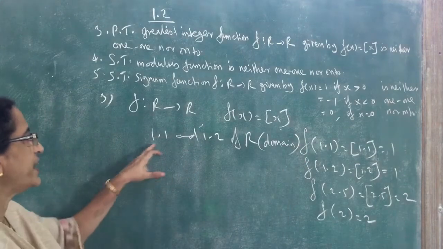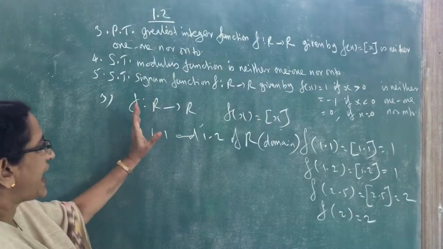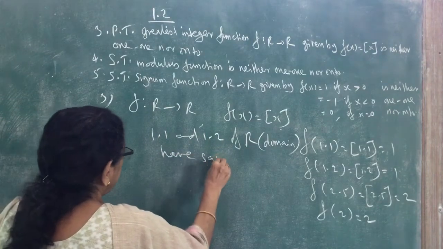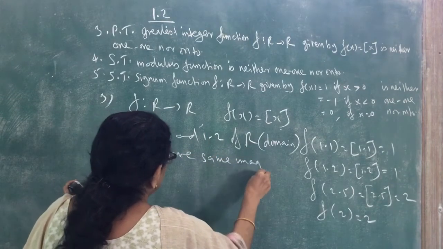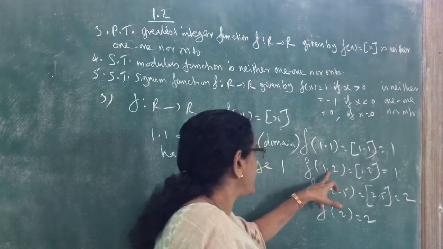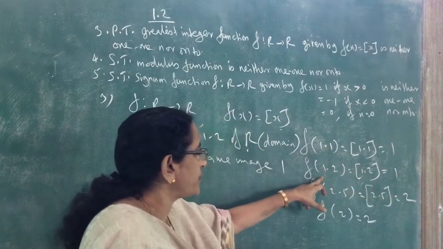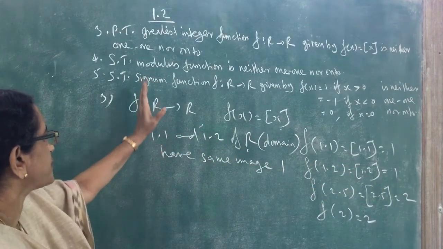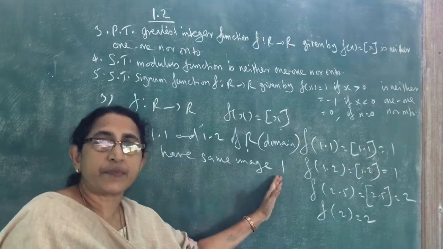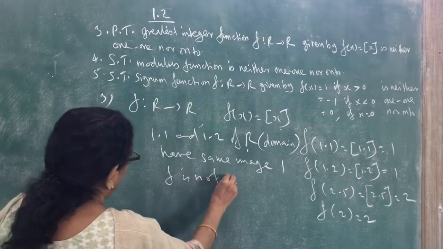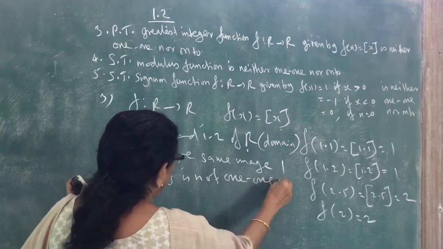So 1.1 and 1.2 of R have the same image 1. See, the image of 1.1 is 1, image of 1.2 is 1. So here 1.1, 1.2 are elements of the domain. For the two elements of the domain, they have the same image 1. Therefore, f is not one-one.